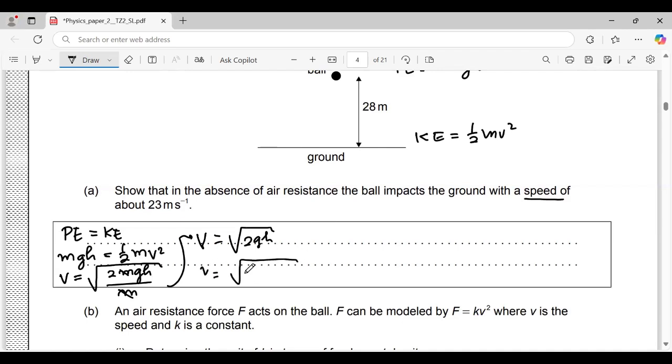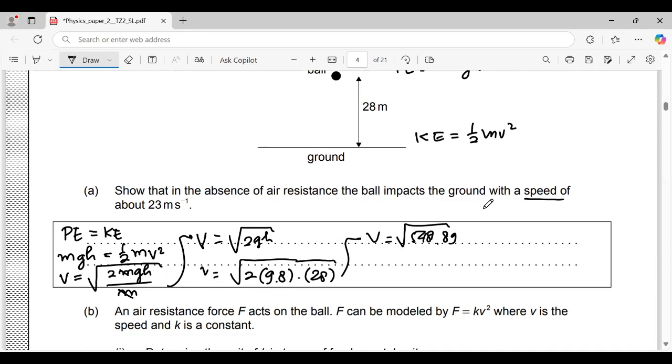It's going to be 2 times g, which is 9.8, into h, which is 20. So v equals the square root of 392. I will check first.